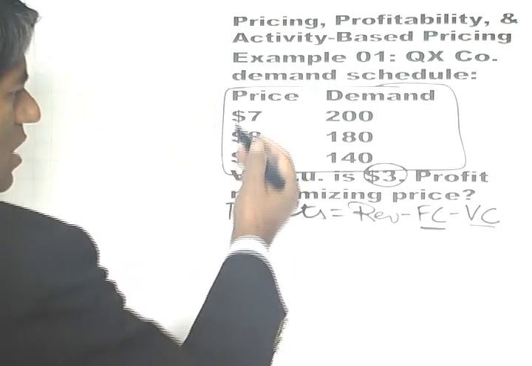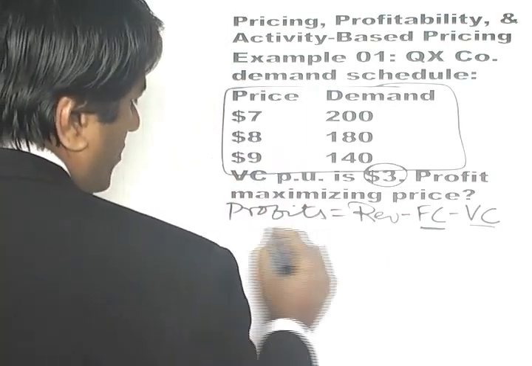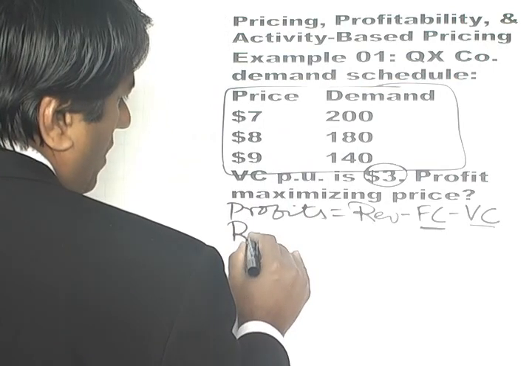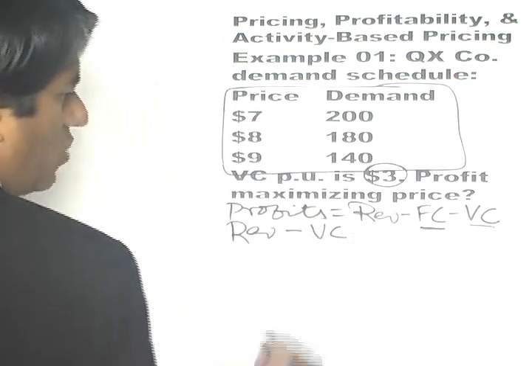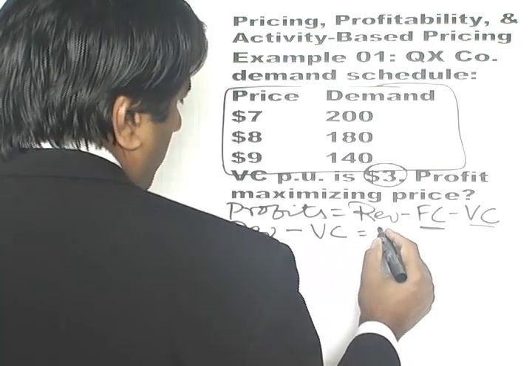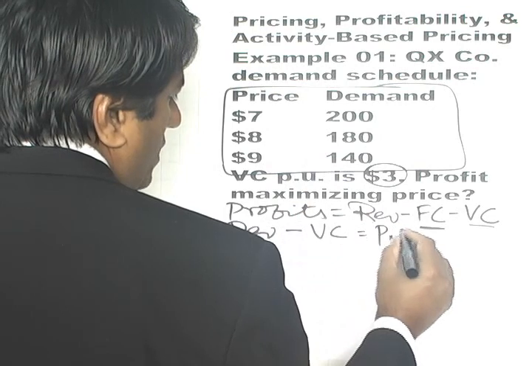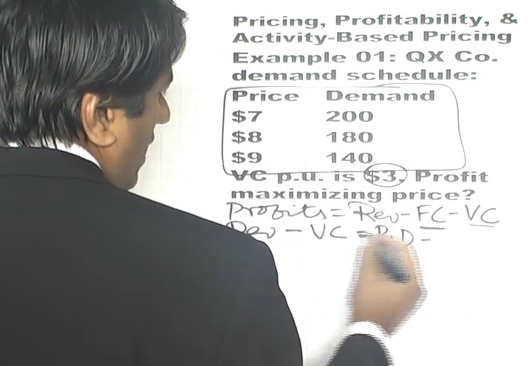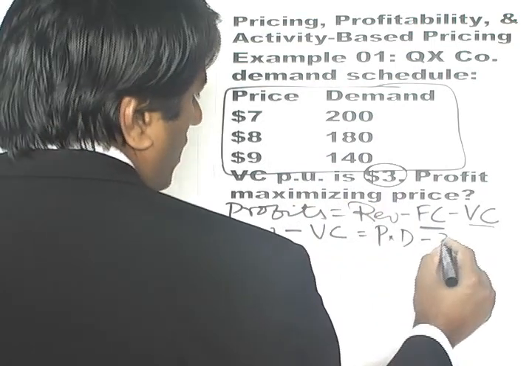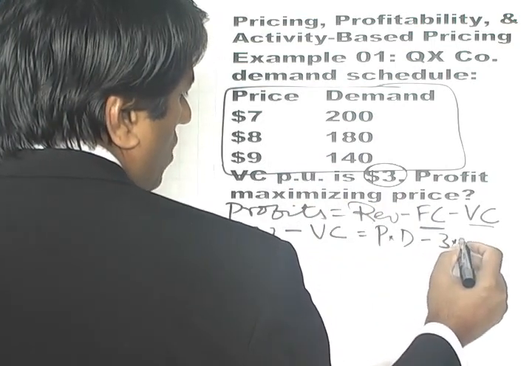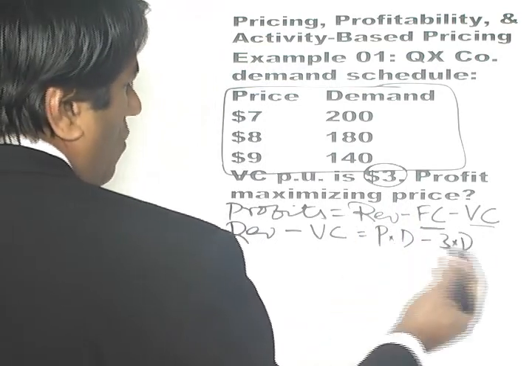You're just being asked which of these three give you the maximum profit. So as long as you maximize revenue minus variable cost, that's all you care about. Revenue is price into demand minus variable cost, here we have $3 into the quantity which is being sold, demand. So that's basically what we want to maximize.